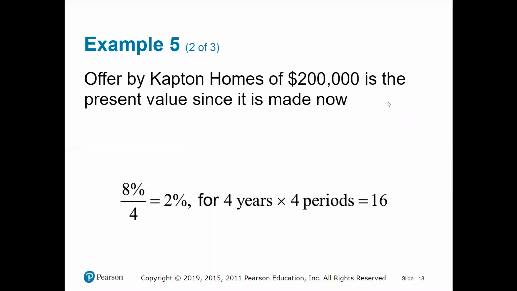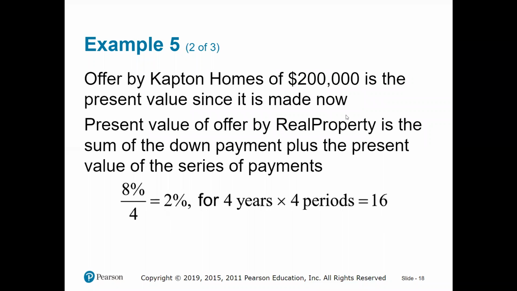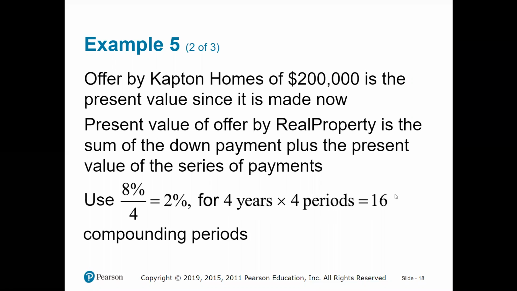So obviously, the first one is $200,000 now. Then you would take 8% divided by 4, and that's going to be for 16 periods.